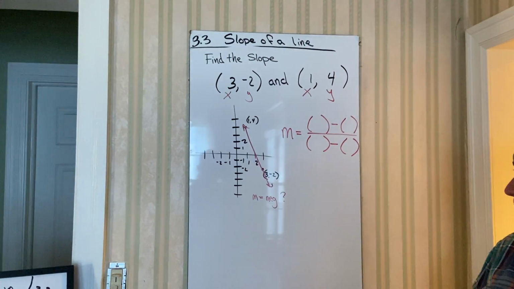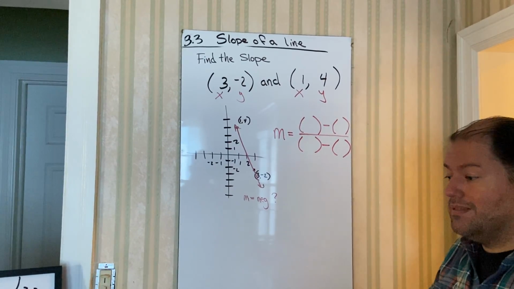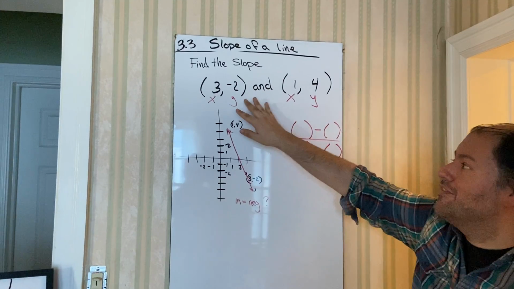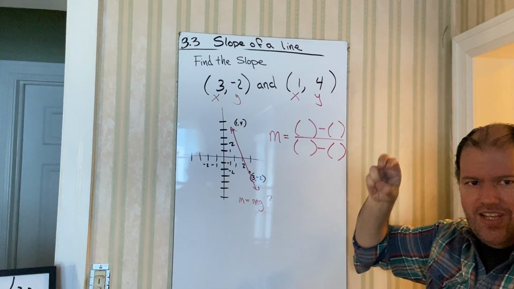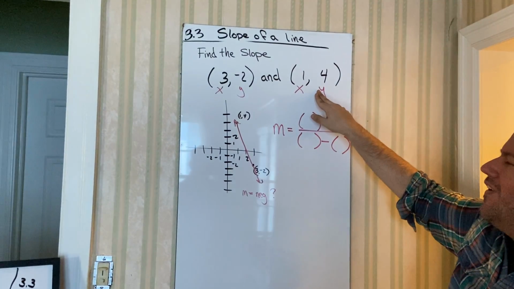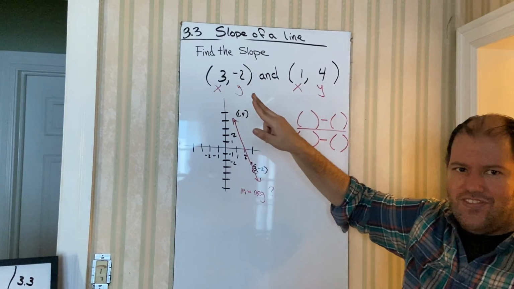So now let's plug them in. Now, if you do what the book says, y2 minus y1, you have to figure out what ordered pair is your first ordered pair versus your second ordered pair. So sometimes the book will call this the second ordered pair and this one the first ordered pair.